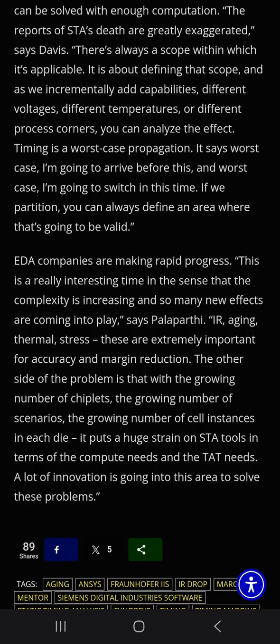The other side of the problem is the growing number of chiplets, the growing number of arrays, the growing number of cell instances in each die. It puts strain on STA tools in terms of compute needs and TAT. A lot of innovation is going into this area to solve these problems.